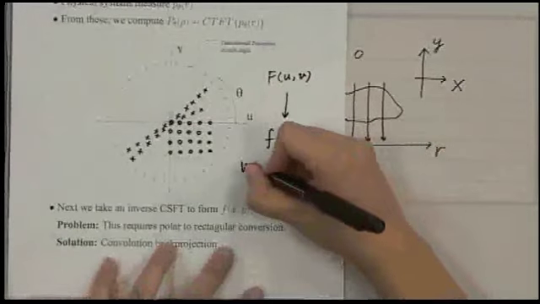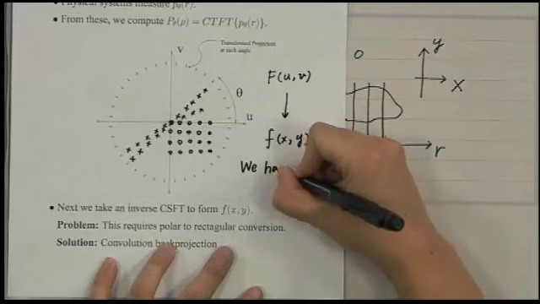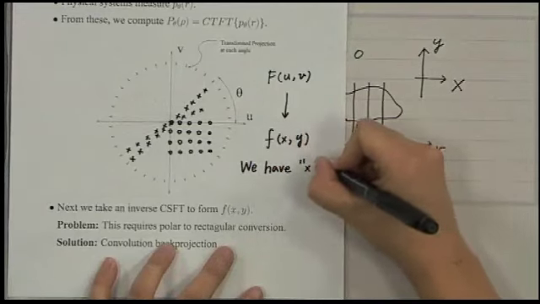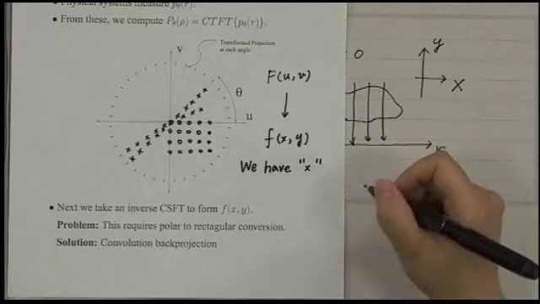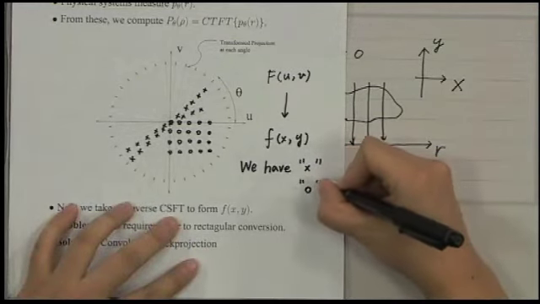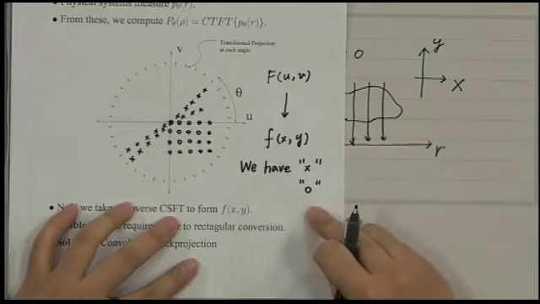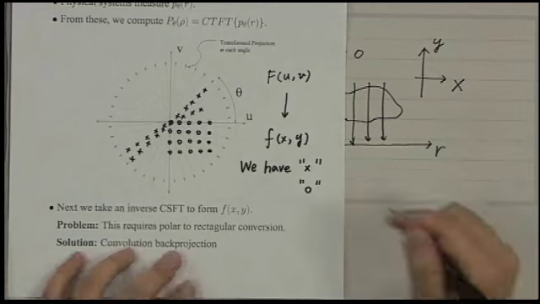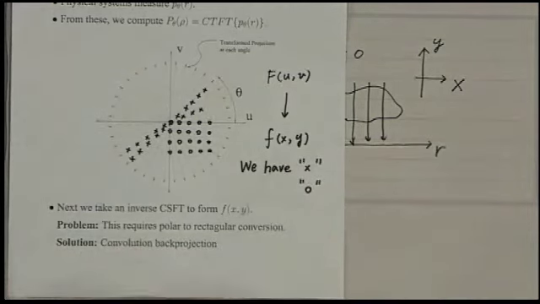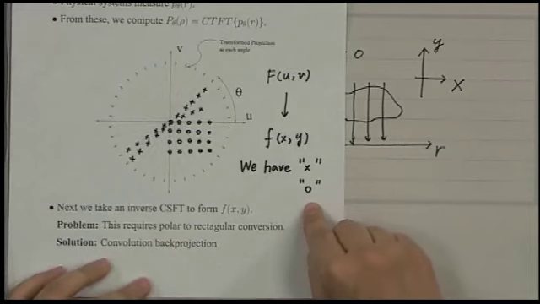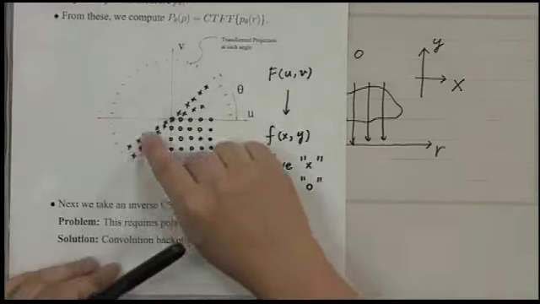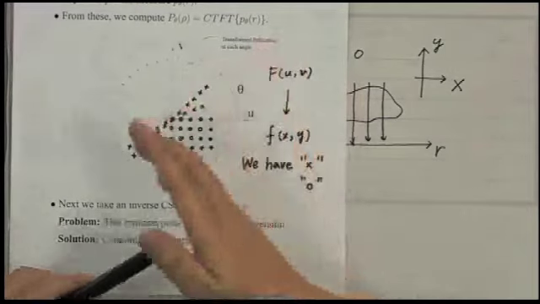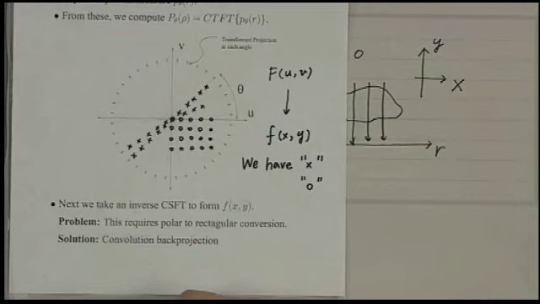So actually, we have this data, but what we really need is the data at the location of the circle. And then to get the data at these circle locations, we need to do some kind of interpolation using this cross-out data. You can use anything, but actually this costs a lot, it is computationally expensive.